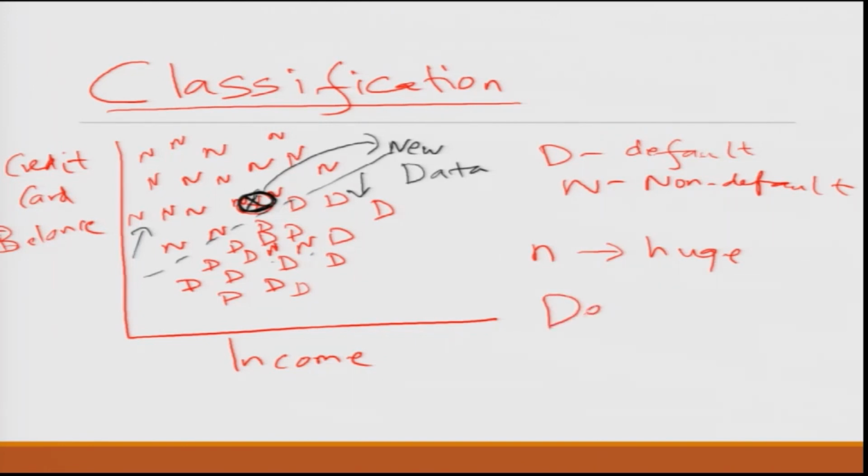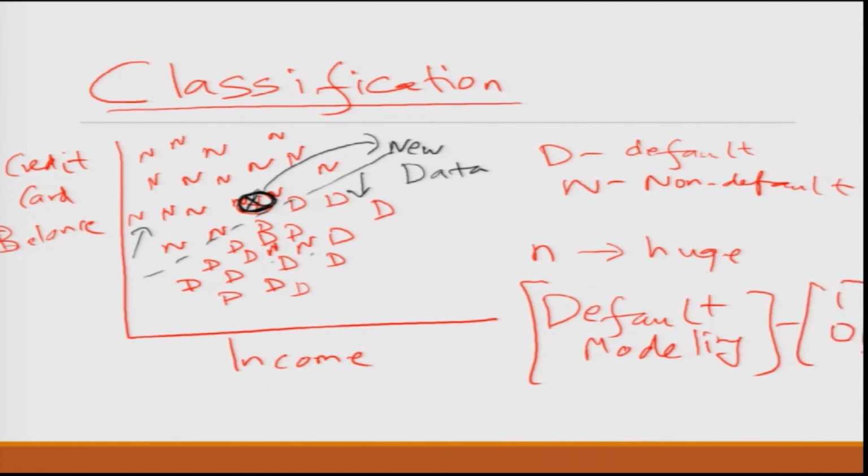This is often called default modeling, which is just trying to classify people into a 1-0 bracket. 1 means non-defaulter, 0 means defaulters, or vice versa, depending upon the way you build the model. So, the number of parameters, for example, for some of the banks are even 35,000 parameters.